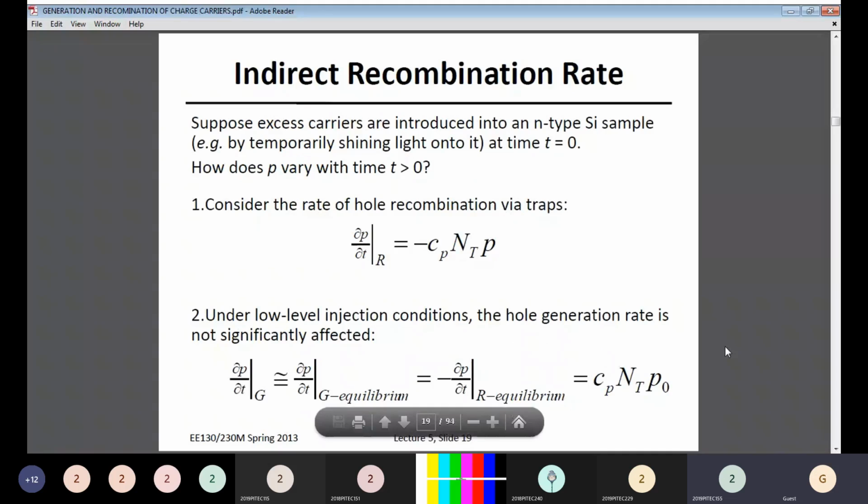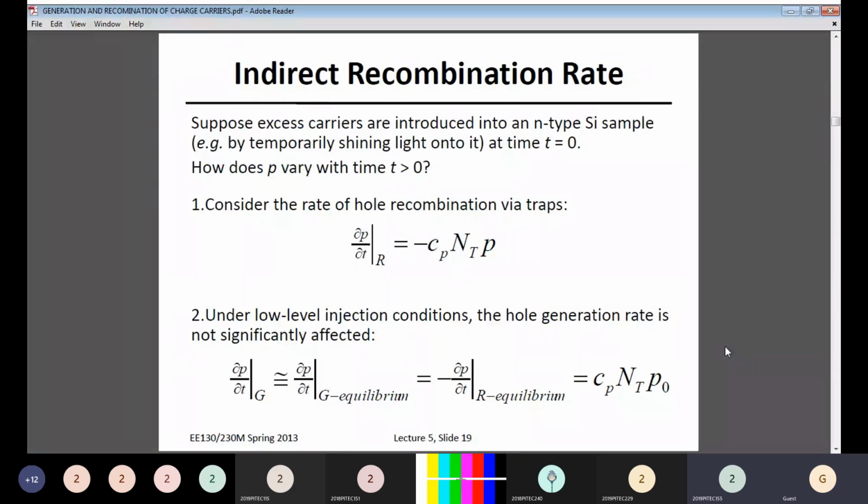Next, indirect recombination rate. Suppose excess carriers are introduced into an n-type silicon sample at time t equal to 0. How does p vary with time for t greater than 0?